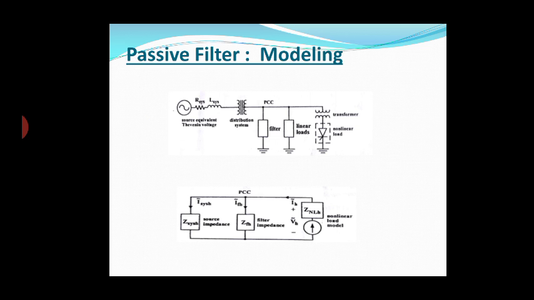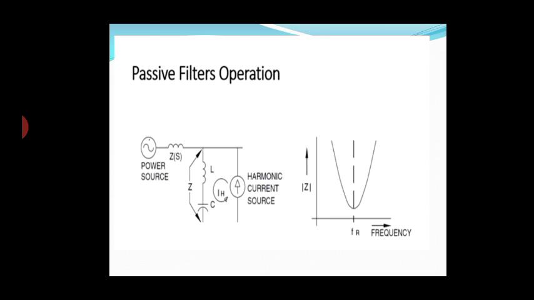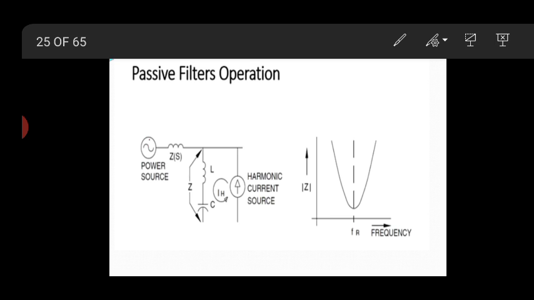Now we see the modeling in detail. Before that, I need to tell you one more concept of the passive filter. Say we have the power source here with its source impedance, and we have the L and C. This is your tuned filter or notch filter, and this is your harmonic current source. The harmonic current source is a current source connected to a non-linear load.